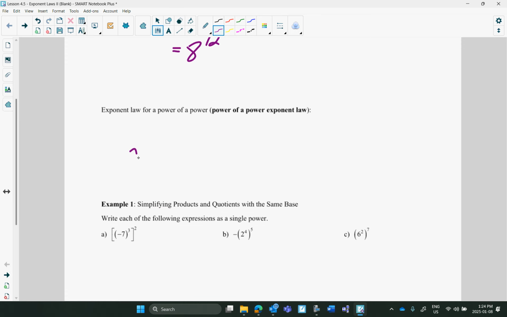So if we've got some power, X to the M, where X and M represent any number, so it could be 7 to the 3rd or whatever, and we raise it to another power, keep the base the same, multiply the exponents. Okay?